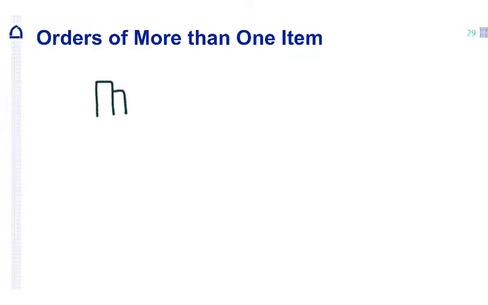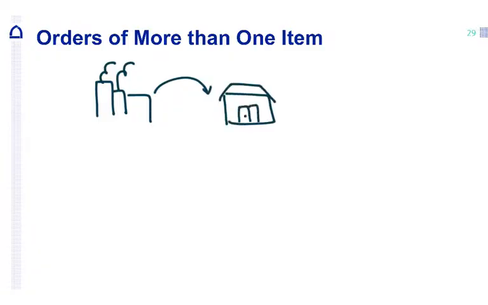Okay, one more thing to mention, which is actually very common, is if you are a shop, so remember, often you have the wholesaler or the factory, and the factory sells to the shop, and the shop then sells to the customers. This is what we talked about from the very beginning. Often, if you are the shop, you're not just ordering one item at a time. You order a large quantity of items from the factory.